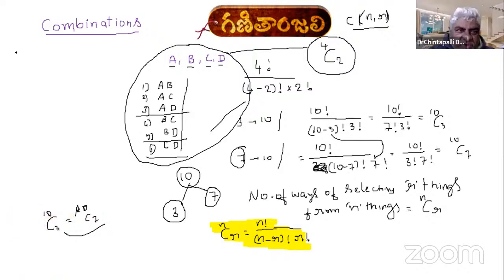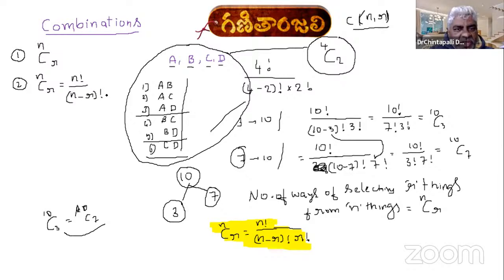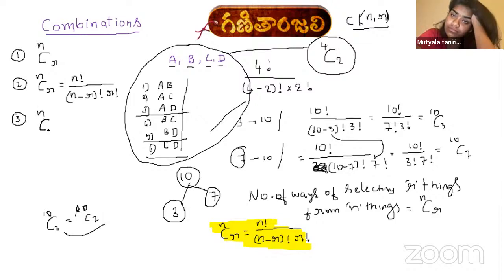The first formula: selecting R things from N things is NCR. Its formula is NCR equals N factorial by N minus R factorial into R factorial. Now, the third point: NCR is equal to NCS.